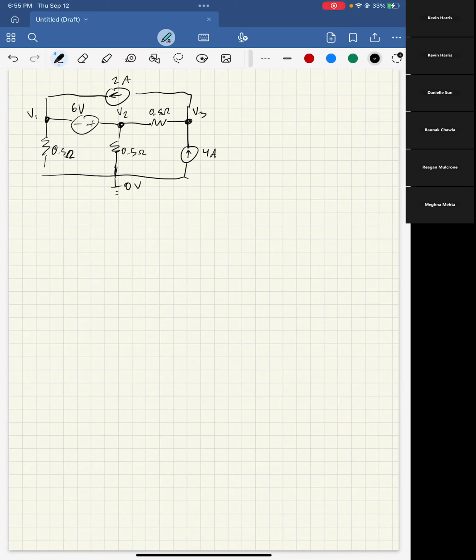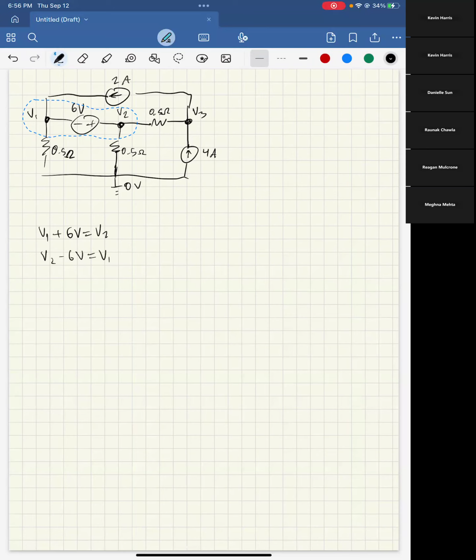As you can remember from before, a supernode is found when you have two nodes separated only by a voltage source. So that would be your supernode here. Your supernode equation would be that V1 plus 6 volts equals V2, or you could write it as V2 minus 6 volts equals V1.